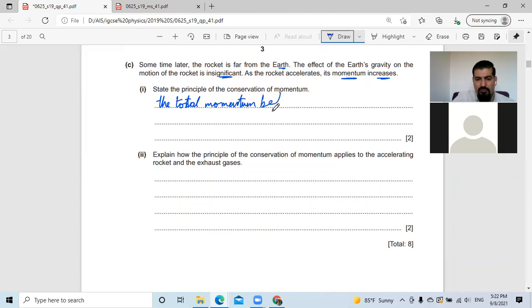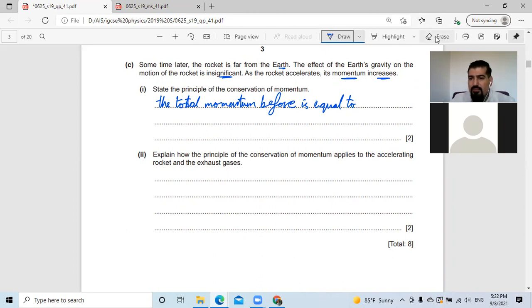So the total momentum before is equal to the total momentum after, before the collision or the explosion, because the motion happens because of it.